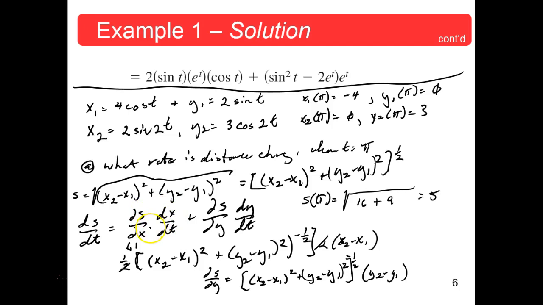When you're doing the partial of s with respect to x1, you put an additional minus in front of it. And when you do it with respect to y1, that is also going to have an additional minus in front of it. You do it with respect to x2 and y2, because they don't have that sign, you don't have to worry about those.